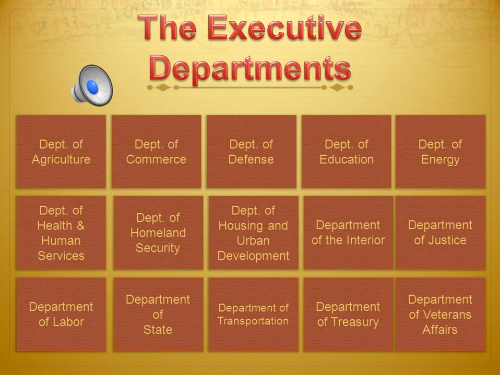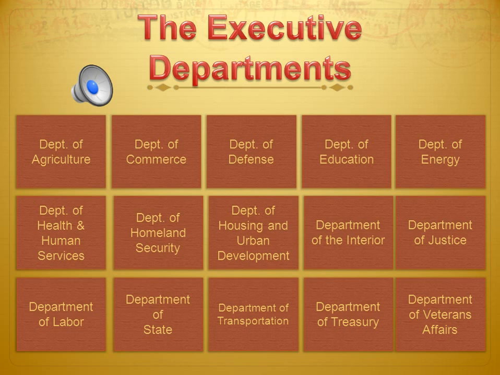So let's briefly go over each department so you have a general idea. The Department of Agriculture oversees farmers to be sure food production meets demand. The Department of Commerce oversees business and trade within the United States and in foreign countries. So they deal with trade. Defense is pretty explanatory.